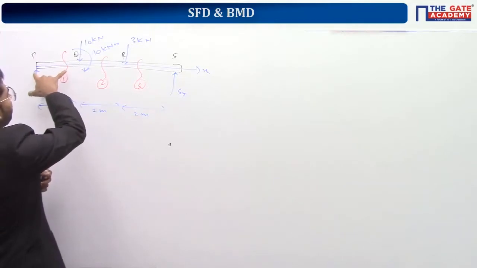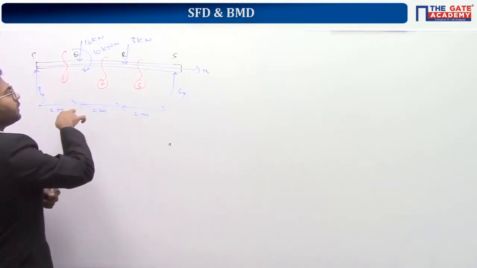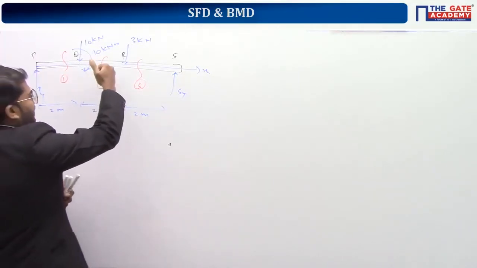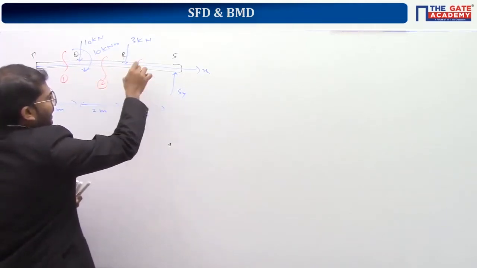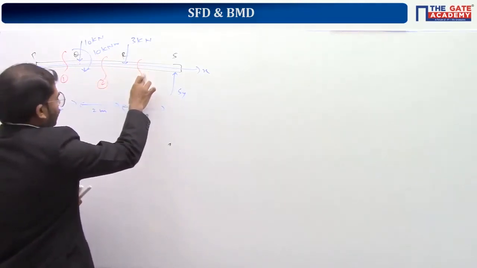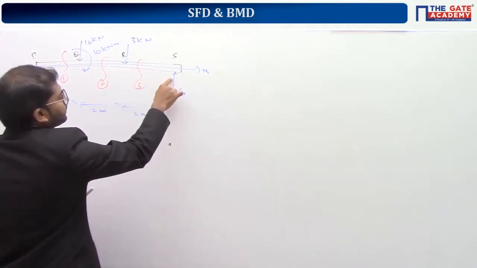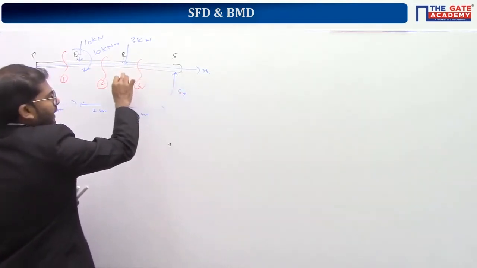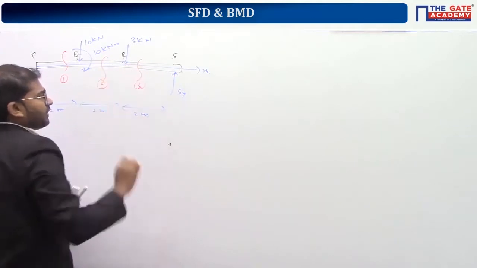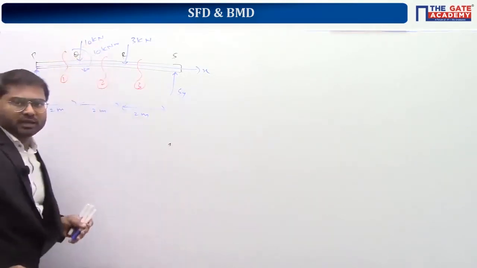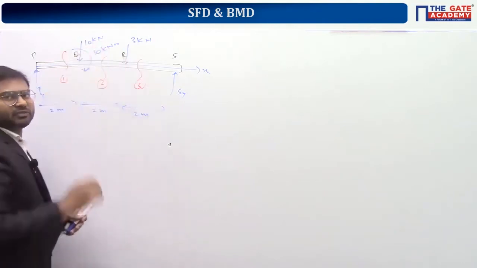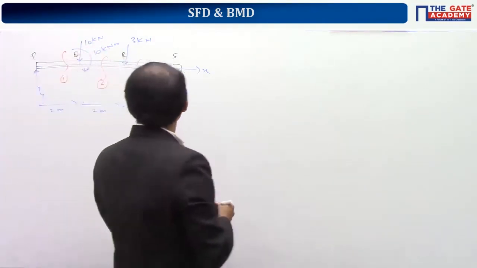So the left part of the first cut covers from 0 to 2, not including 2. The left part of the second cut includes from 2 to 4, where 4 is not included. The left part of the third cut includes 4 to 6. So 4 is included in the left part of the third cut. So we don't need to do these two calculations. We just have to take the left part of the third cut, because we are concerned about that point only.